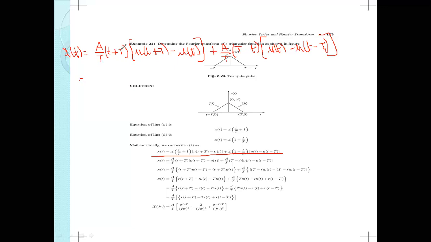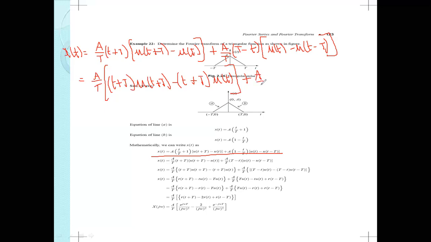Now I multiply the capital T inside the function. A by capital T, observe carefully my dear students, t plus capital T into u(t plus T), and the second function, t plus capital T into u(t). The whole is multiplied, plus, now I am multiplying this function.